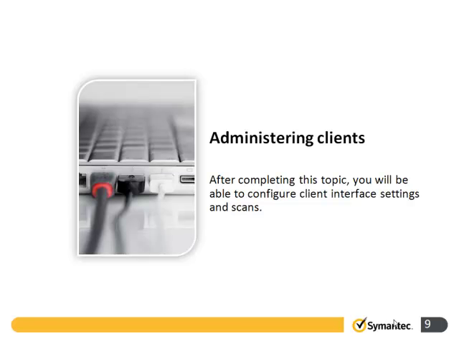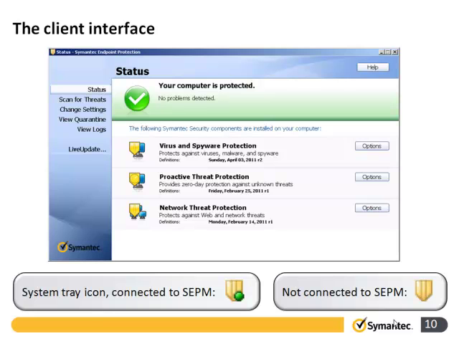So, administering clients now. Here we can see the client interface. We can see in the central area that the client is showing it's fully protected with the green tick. No problems detected. Underneath that area, we can specify the different protection areas, like the virus and spyware, or proactive threat, or network threat.